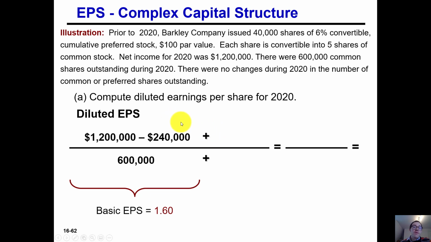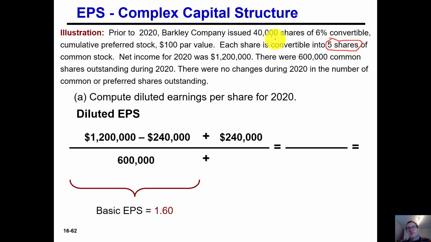So if they convert, do you have to pay them preferred dividends? No, absolutely not. So we're going to add the 240 back. The top becomes essentially 1.2 million minus 0. You're not going to have to pay that. Now, for the denominator, how many extra shares are you going to have? Well, the problem says each share is convertible into 5 common shares.